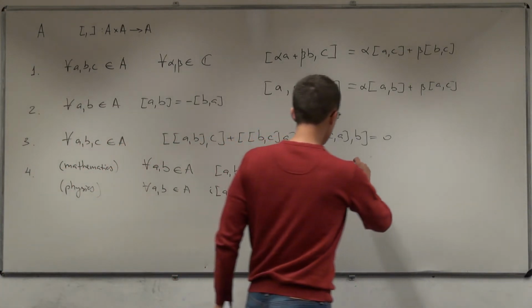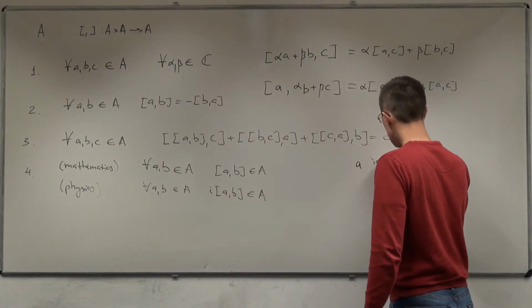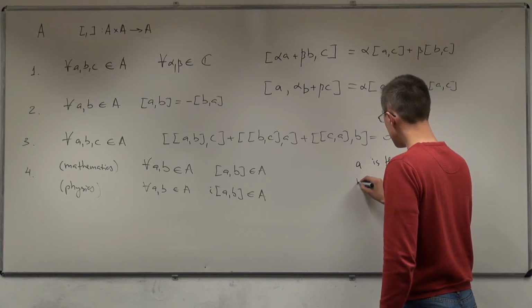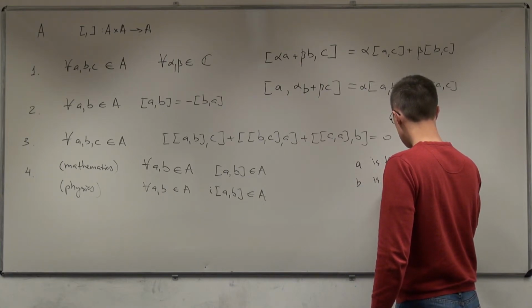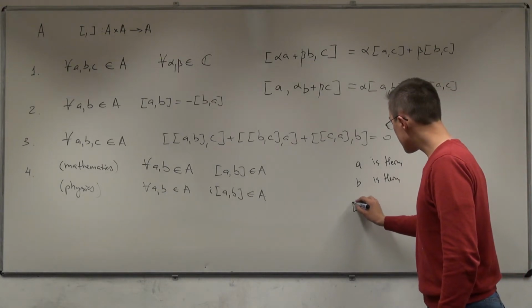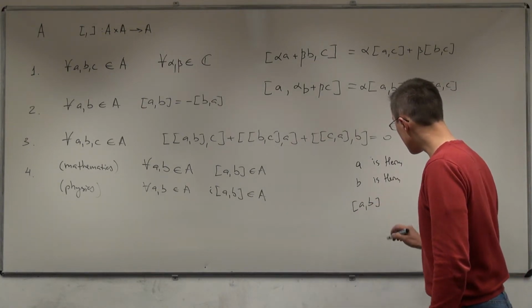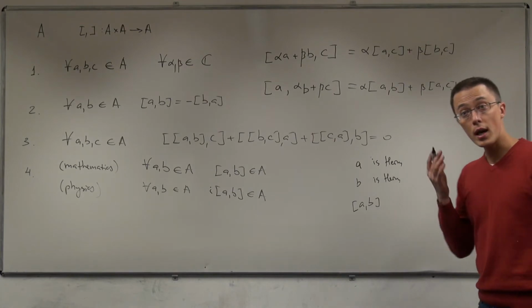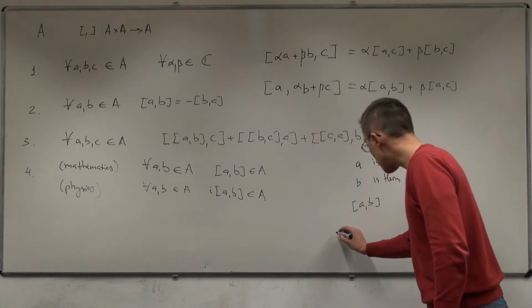And if A is Hermitian and B is Hermitian, then the problem physicists have is that the commutator of A and B is actually anti-Hermitian. It's fairly easy to prove.